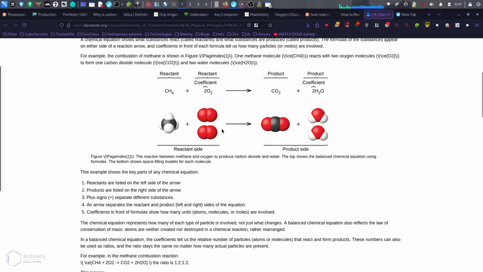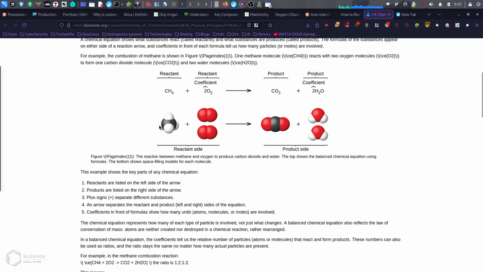Substance 1, substance 2, or component 1, component 2, or molecule 1, molecule 2, plus, and we get a rearrangement. Rearrange means the atoms disconnect and connect to other atoms, like that.